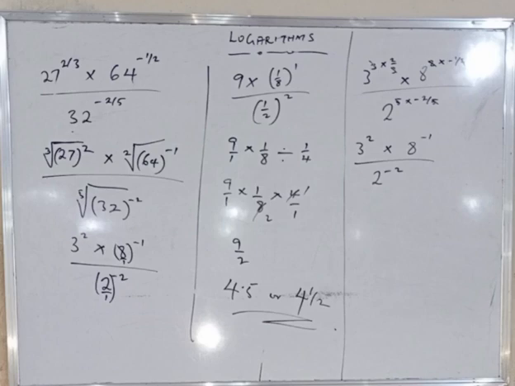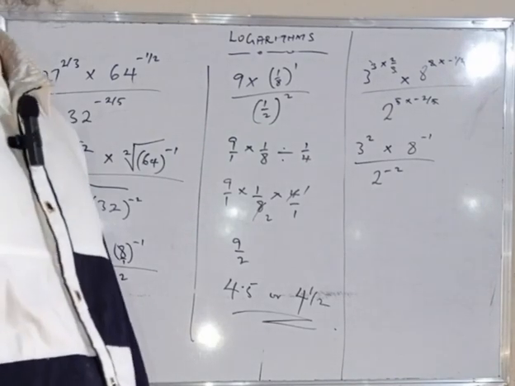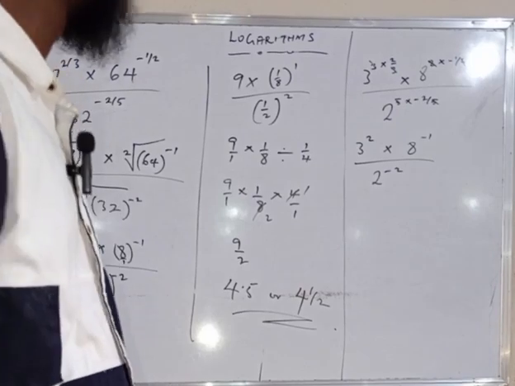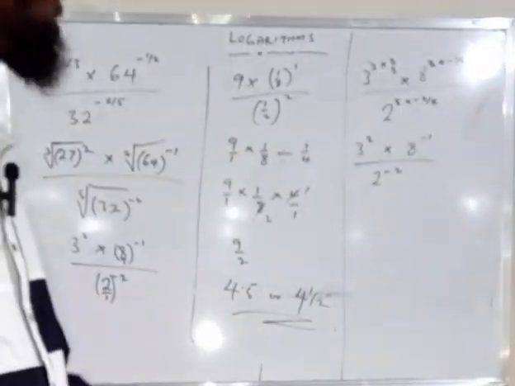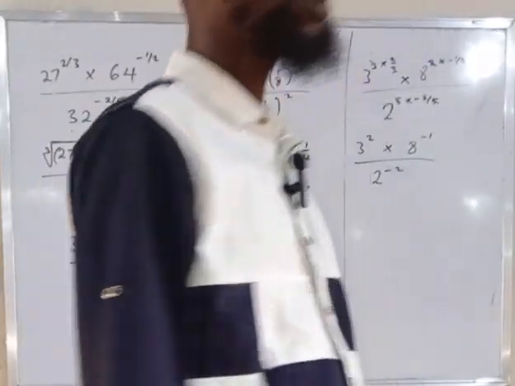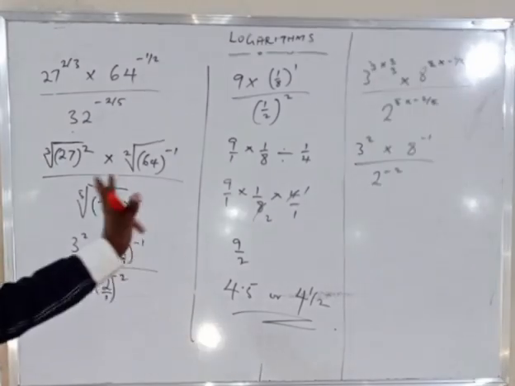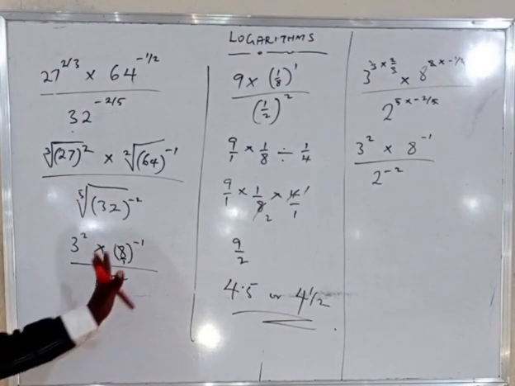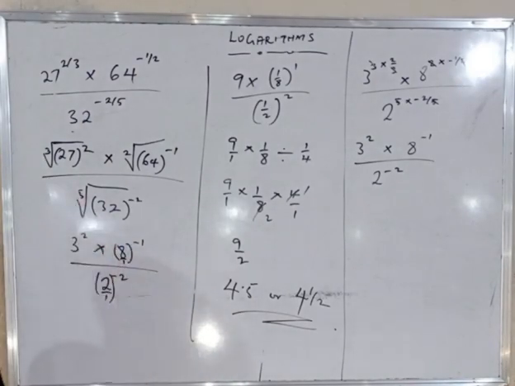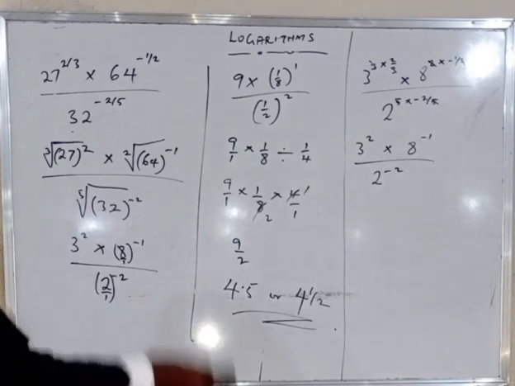So, we are almost in September. Today is 22. No problem. Don't worry. But one thing with me is I don't rush myself. Let's move to logarithm now. We just begin with logarithm.